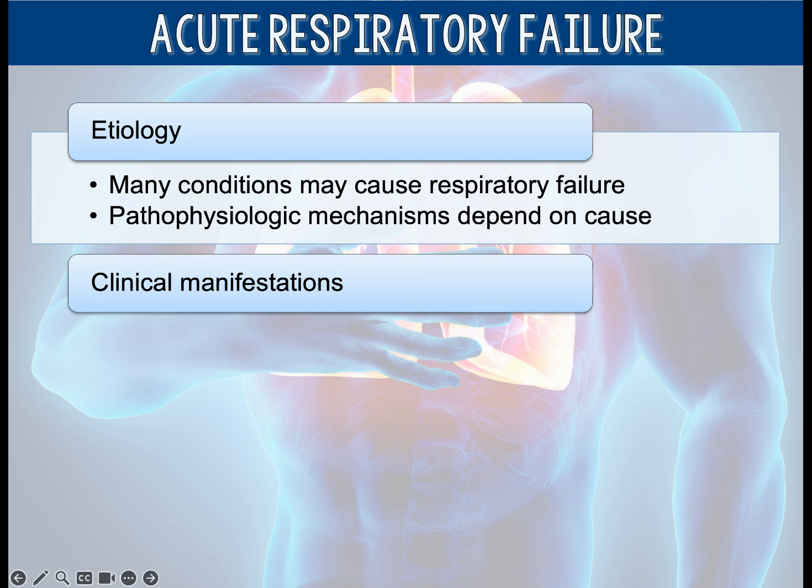There's a list of conditions in your book. I think it's box 21.2 that show you what can cause acute respiratory failure. So make sure you take a look at that. But the most common lung diseases causing acute respiratory failure are advanced emphysema, pneumonia, asthma, pulmonary edema, and ARDS, acute respiratory distress syndrome.